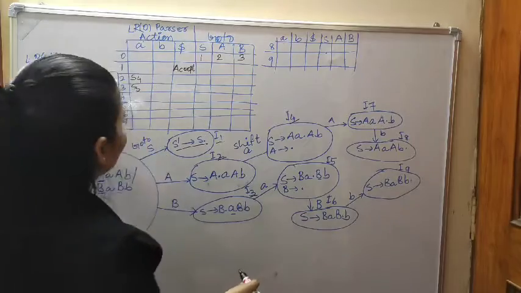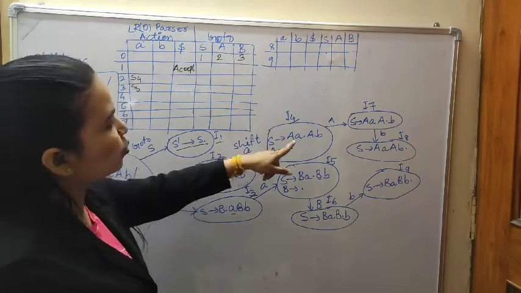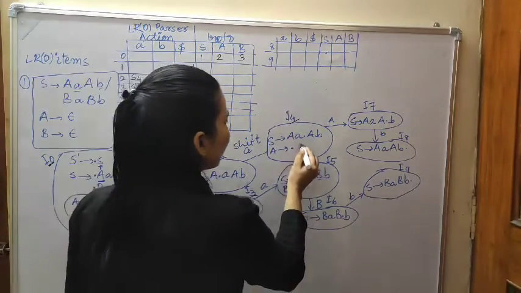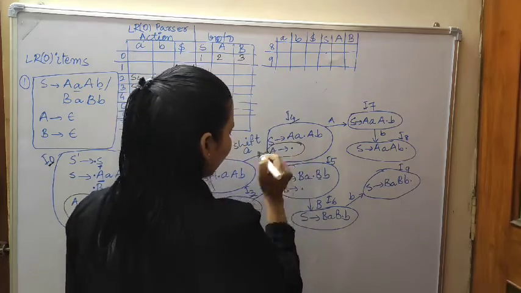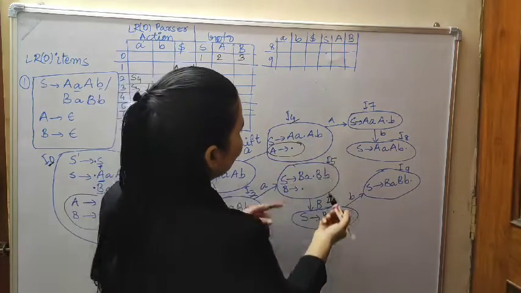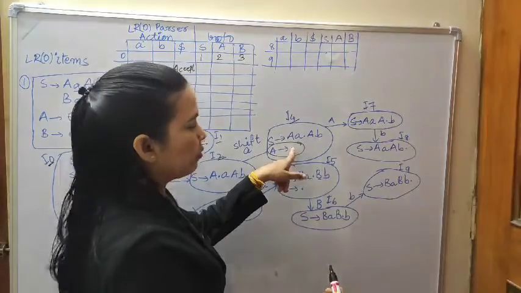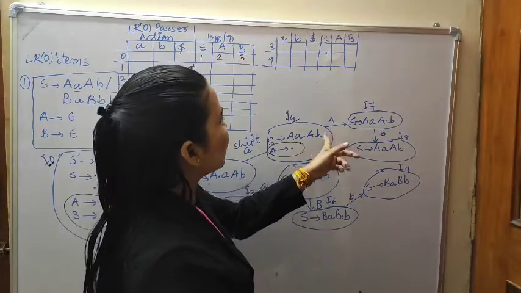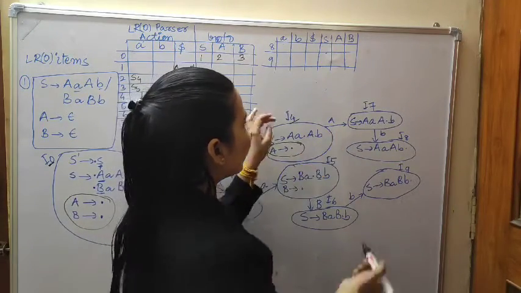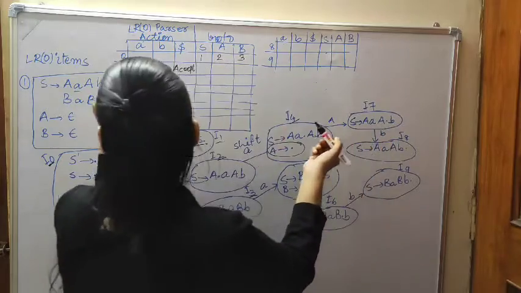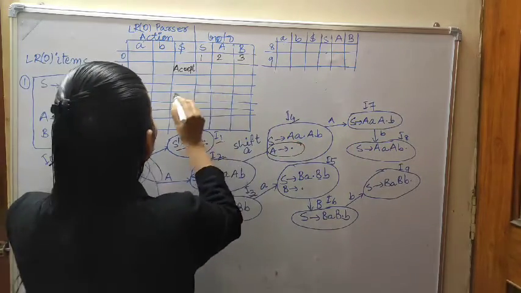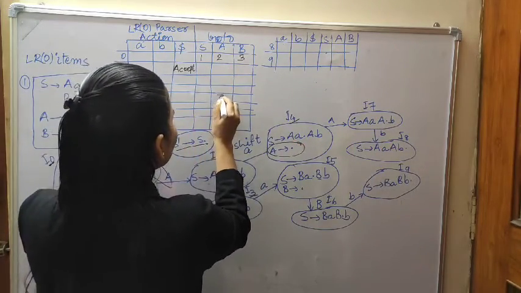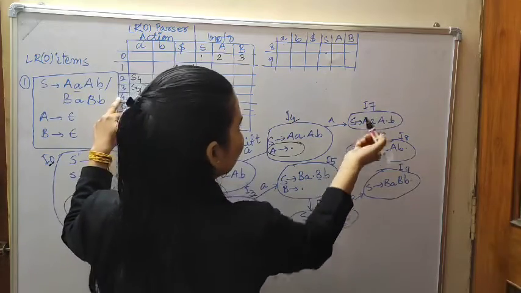Now 2 and 3 have been completed. Now we are going to 4. 4 is a final item because the dot is given, and from 4 on A we go to state 7 in the go-to part.